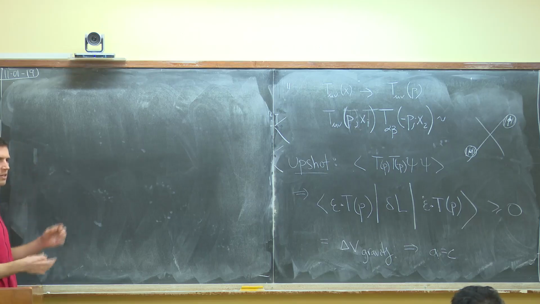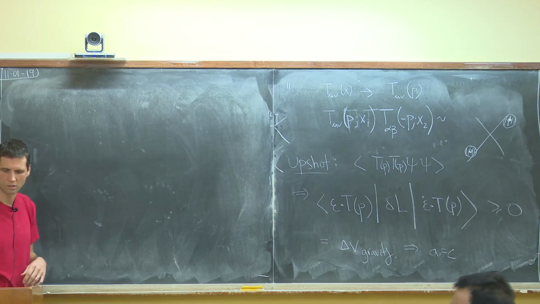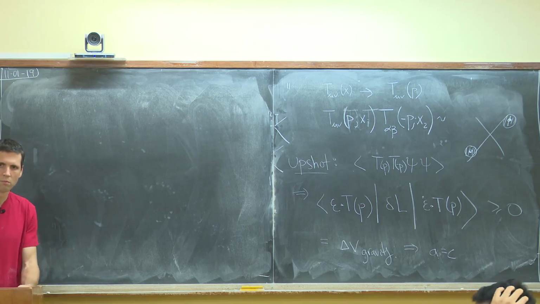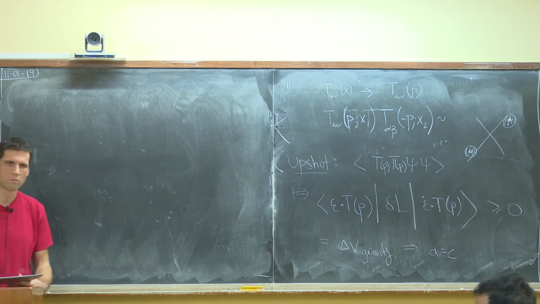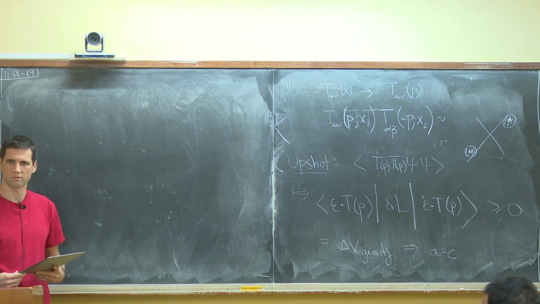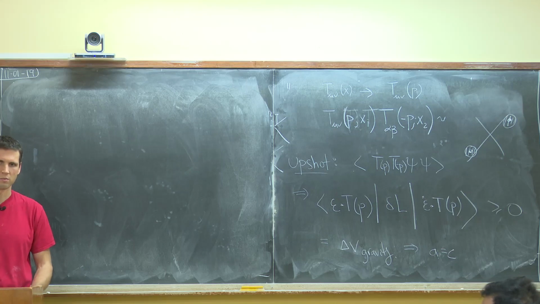In a CFT without a gap, there's some spin 4 operator that contributes, and higher spin. If there is a higher operator with higher dimensions, then it's not clear that A equals C fails, except by that 1 over the gap, because that's where it's allowed to fail.